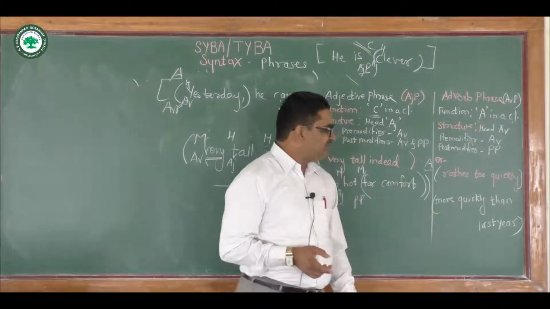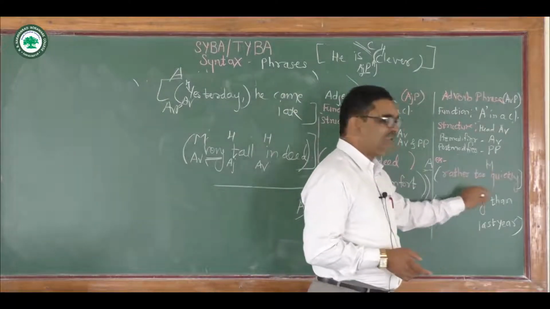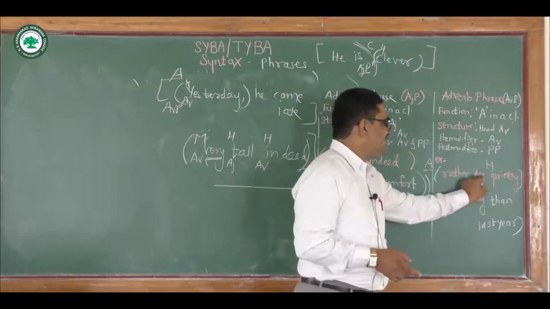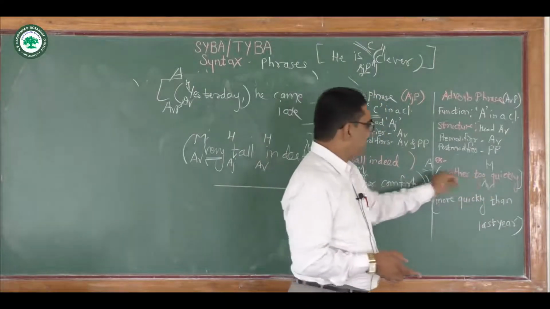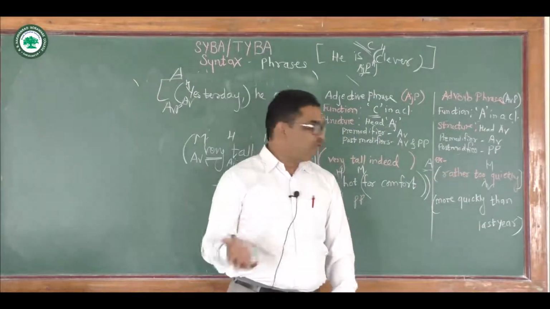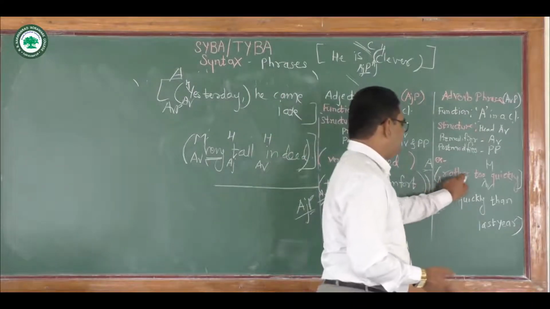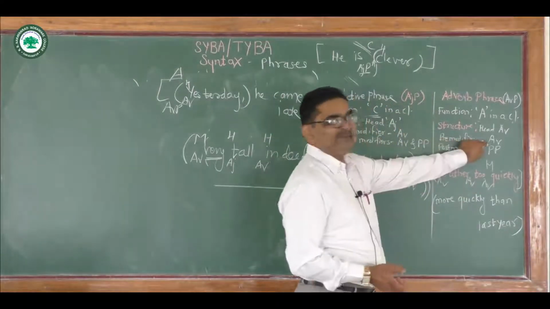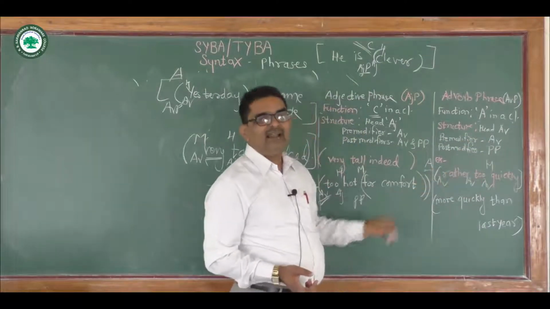Here quickly is the head word. It is an adverb. And rather and too, both of them are degree adverbs. These two are also adverbs. As I have told you, the pre-modifiers, rather and too, both of them are adverbs.